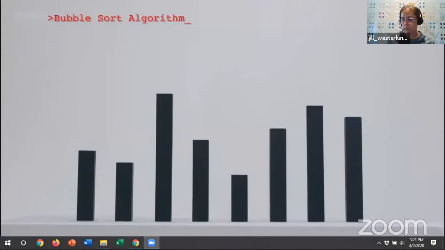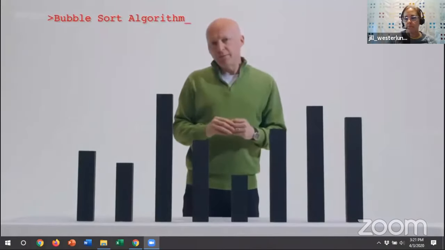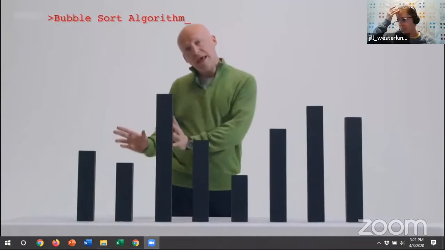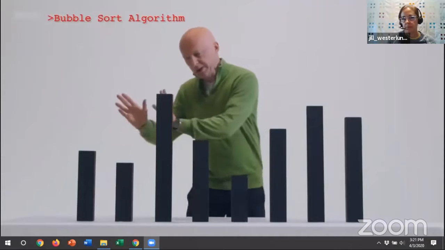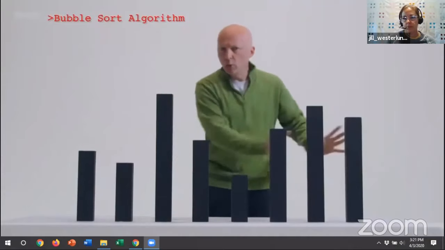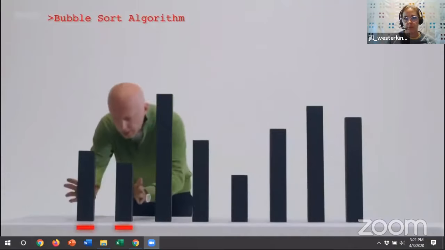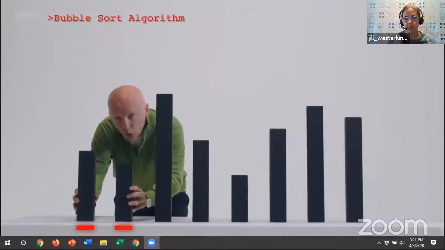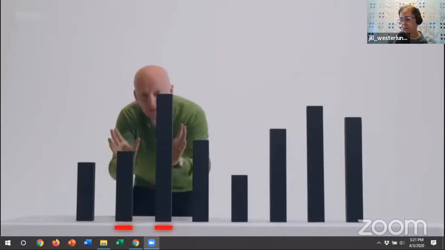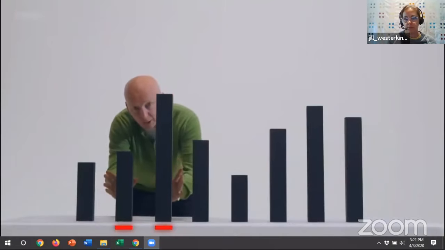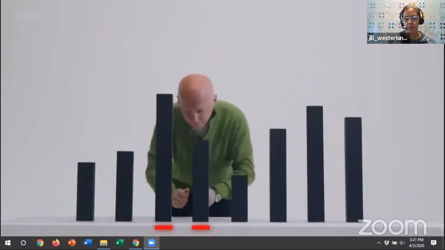To see how this algorithm works, we're going to use it to sort 8 objects. Now, the bubble sort algorithm says to consider the objects in pairs and swap them over if they're in the wrong order. So we're going to start at this end here and work our way to the top. I consider these two, they're in the wrong order, so I swap them over. Consider the next pair, they're in the right order, so I leave them as they are.